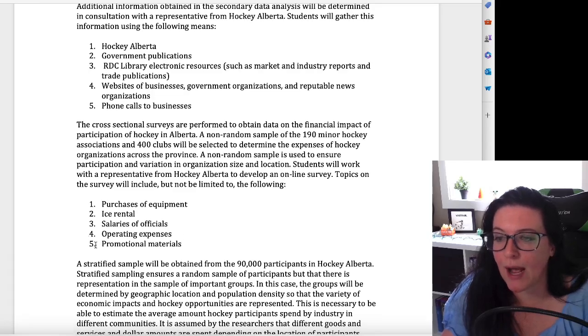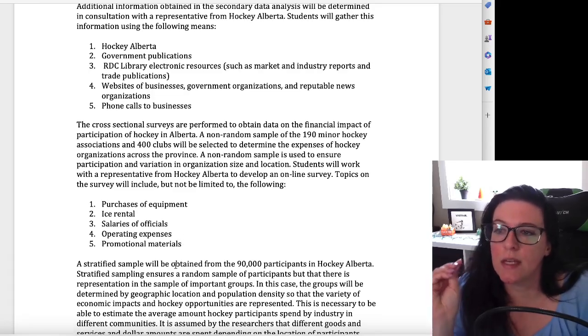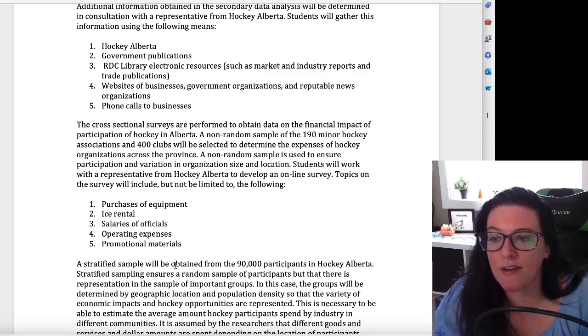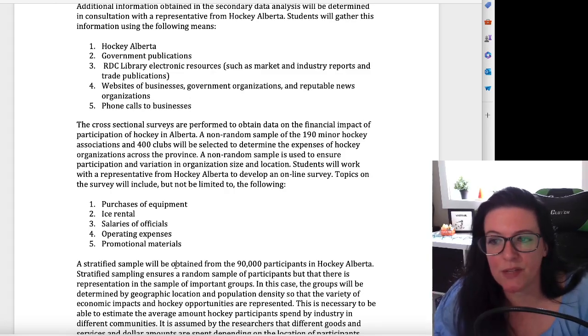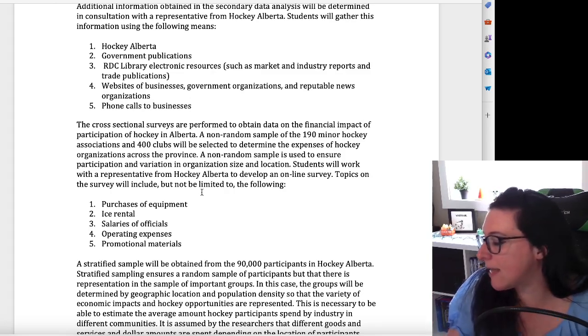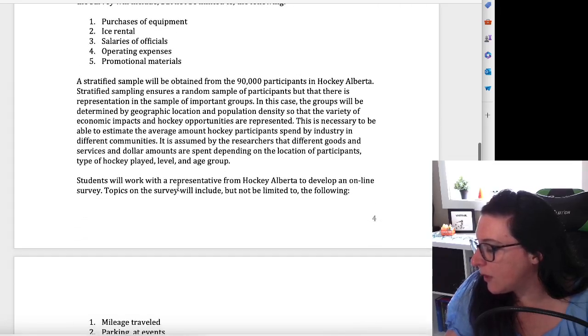So outlining different things. Here in terms of the cross-sectional survey, what type of topics are going to be in the survey? The survey is going to be both to those who put on the hockey events and the players. For those who put on the events, we're going to ask them about ice rental, purchase of equipment, operating expenses, salary of officials, and so on.